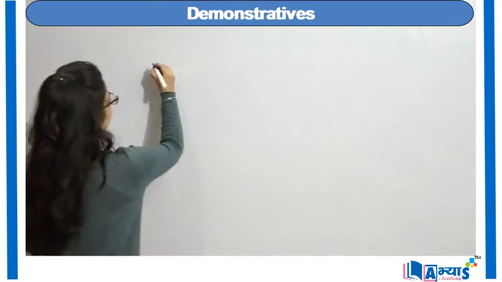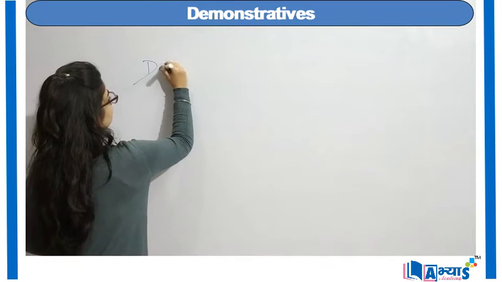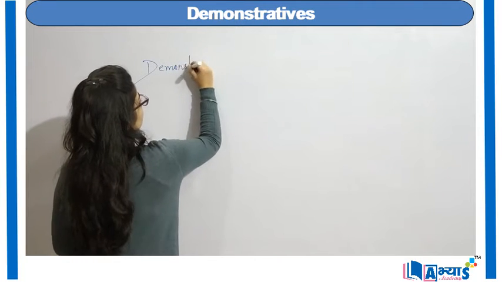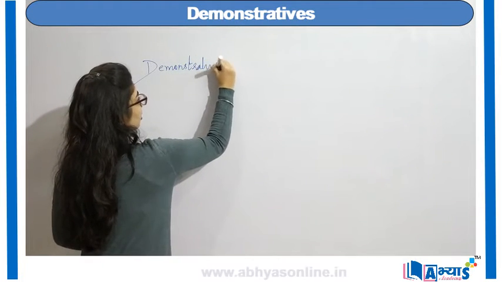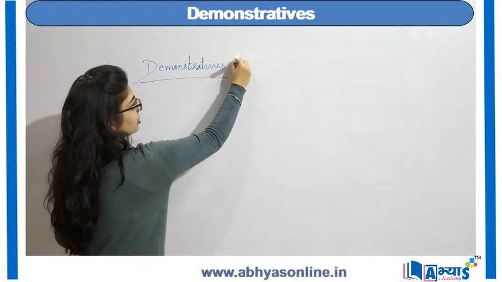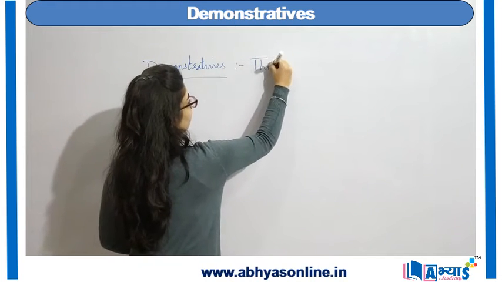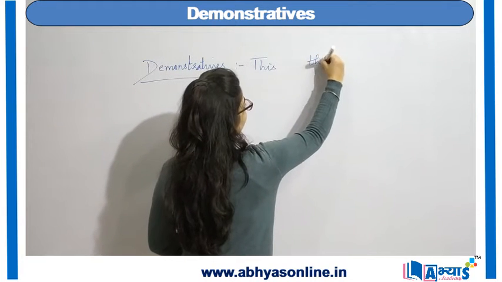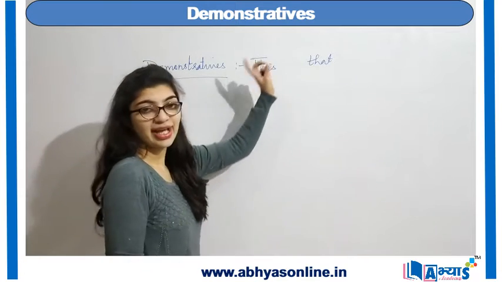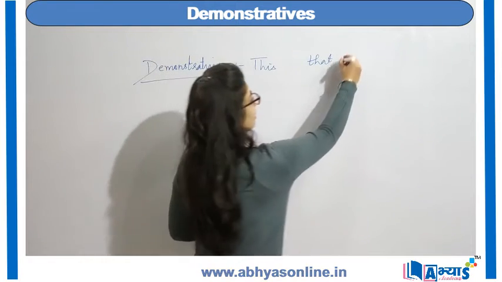Now, demonstratives are usually referred to the words such as this or that. Demonstratives are the words which are referred as this or that. Now, this and that are in singular form.